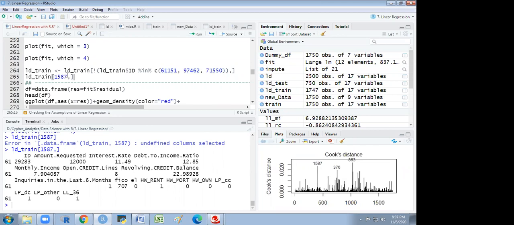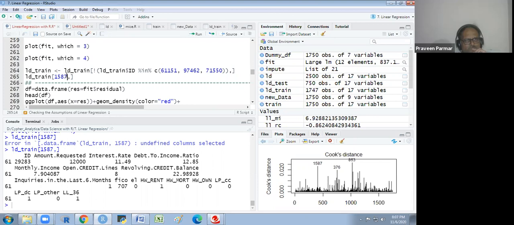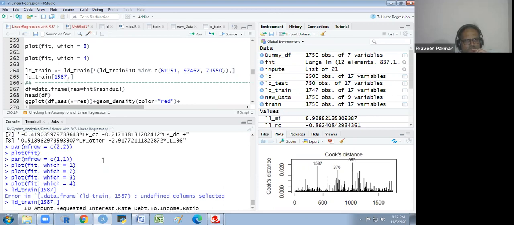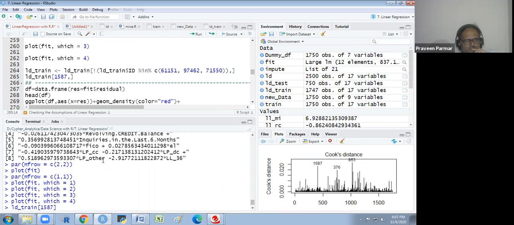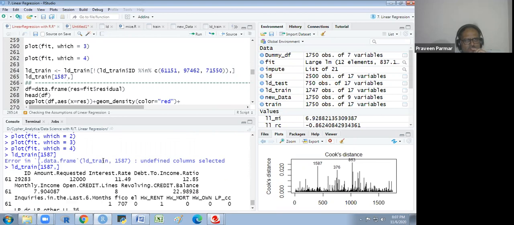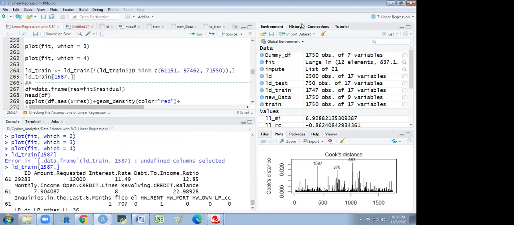I just see it. What is this? Maybe, sir, you will have to search in fit table instead of LD train. Just a moment. I see it.